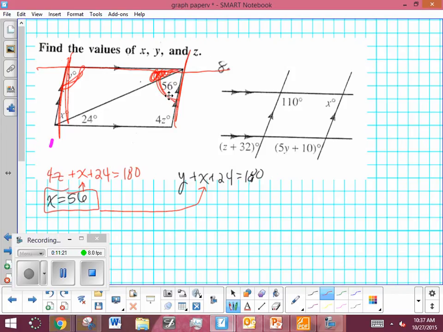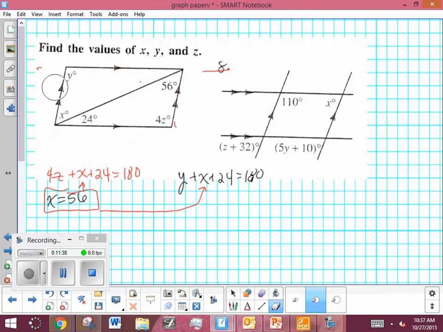I know they're going to be supplementary, but I can't do any work here because I don't know that angle that I shaded in. So sometimes it might be trial and error on which parallel lines and which transversals to look at in terms of certain angles.